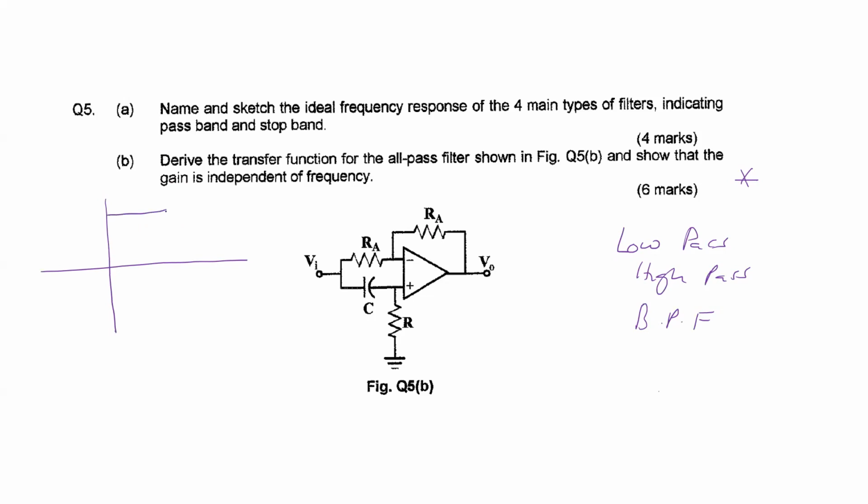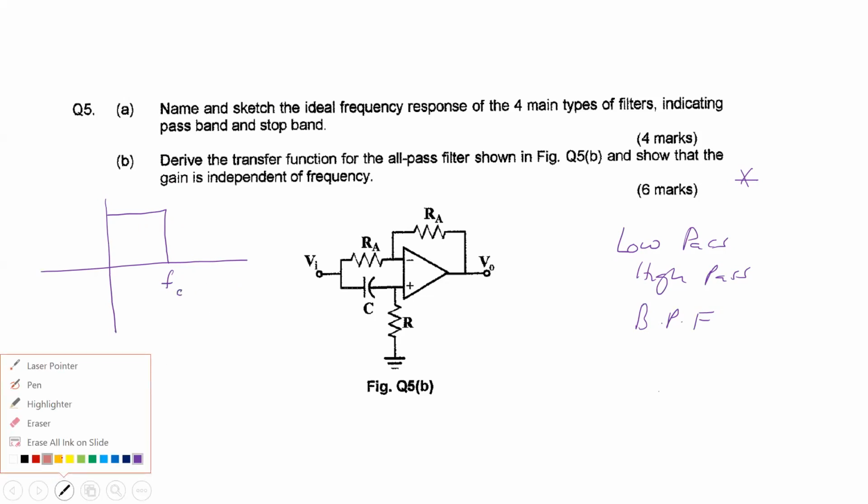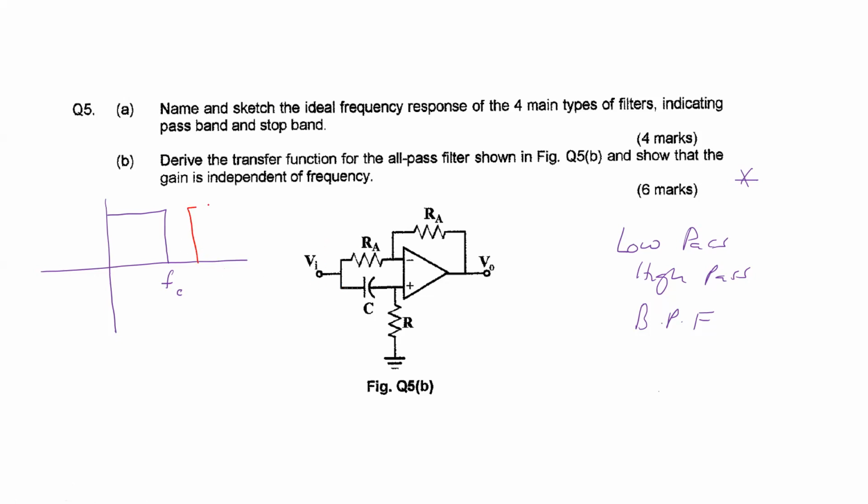A low pass filter, the ideal response is that it passes low frequencies, right? The high pass filter, I'm doing all on one diagram, is the opposite. It starts at some cutoff frequency and will pass everything here. That's a high pass. So the low pass is in purple, the high pass is in red.